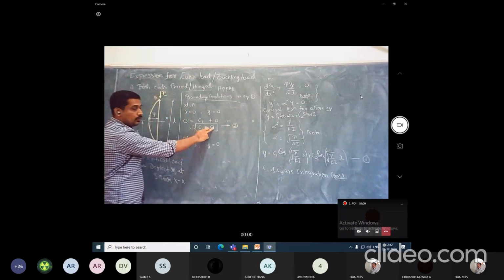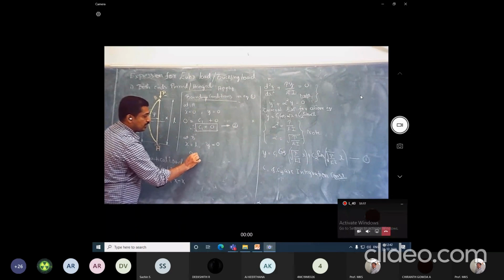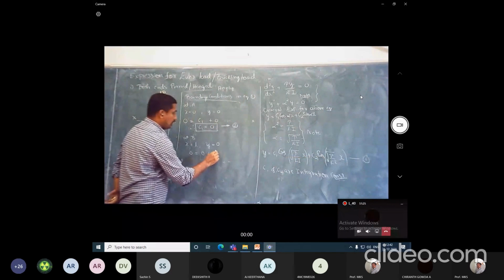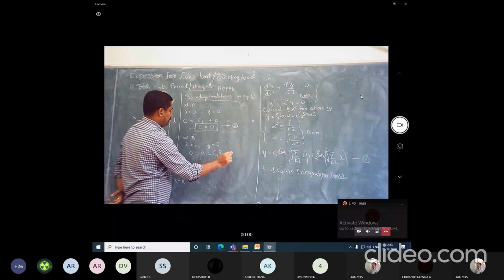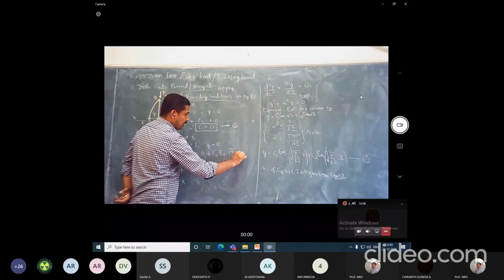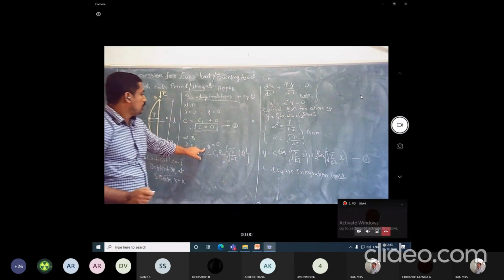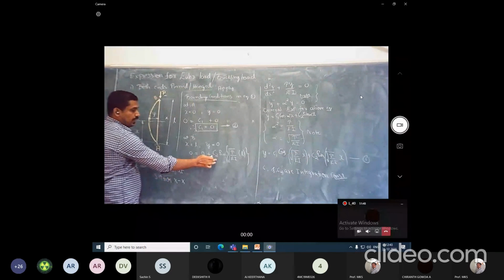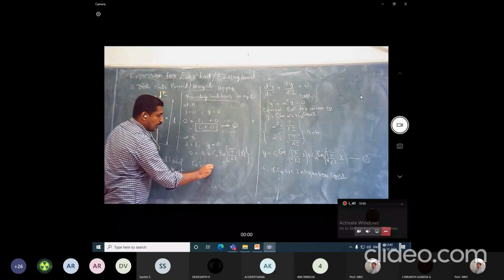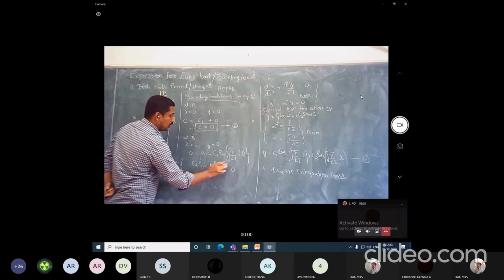From equation 2, I know C1 is 0. Therefore equation 1 becomes y is equal to 0: 0 is equal to C1, which is already 0, plus C2 sin of root P by EI into L, as x is L. So C2 sin of L into root P by EI will be equal to 0.